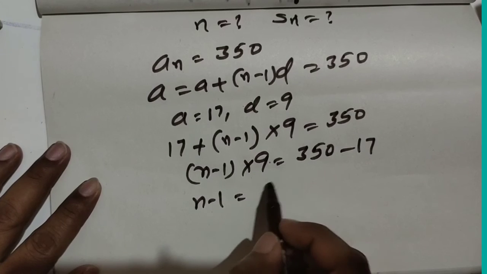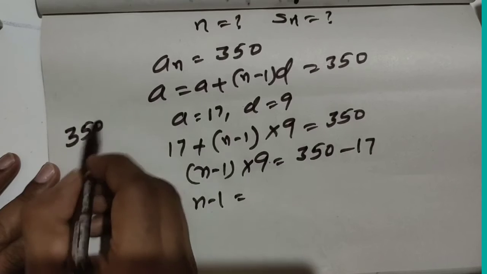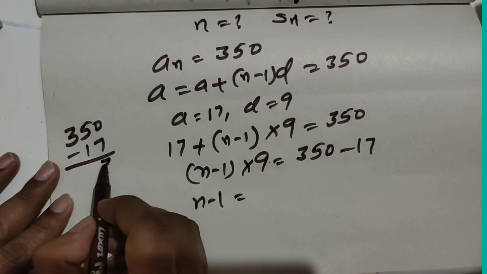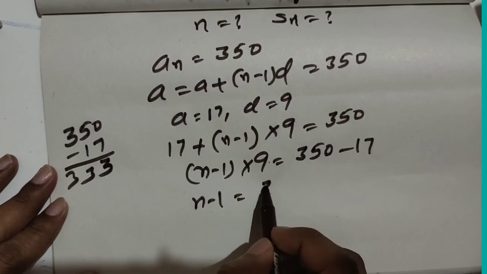Then n minus 1 is equal to 350 minus 17. How much is that? Simply we get 333 here.